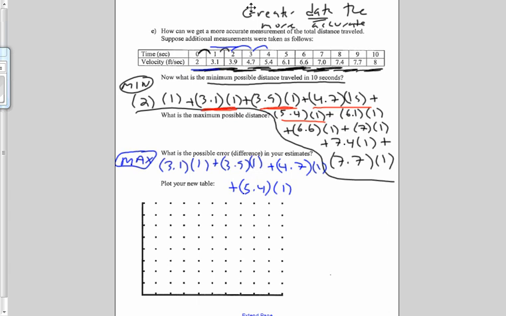And then from 4 to 5, we're going 6.1. Again, choosing the bigger value because I'm looking for the maximum distance for 1 second. And we have that in our minimum. And then from 5 to 6, we're going 6.6 for 1 second.